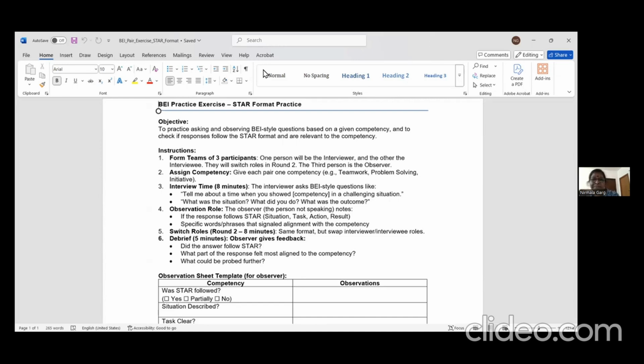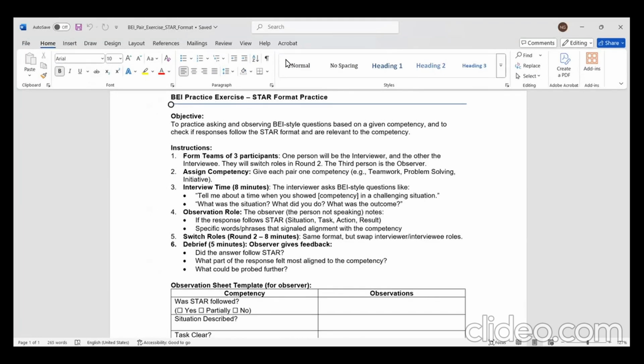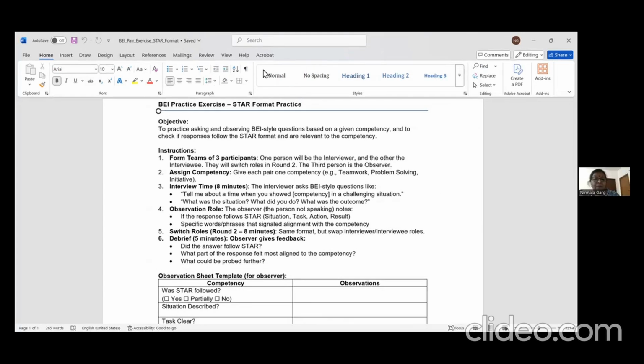For each round, you will get about 6 to 7 minutes. I'll tell you how you have to do this, and there's a great learning, and I want you to do it seriously. We are actually learning this technique of the STAR method, and then looking at what the observations were.